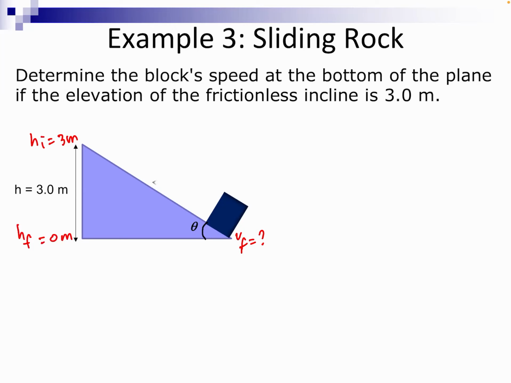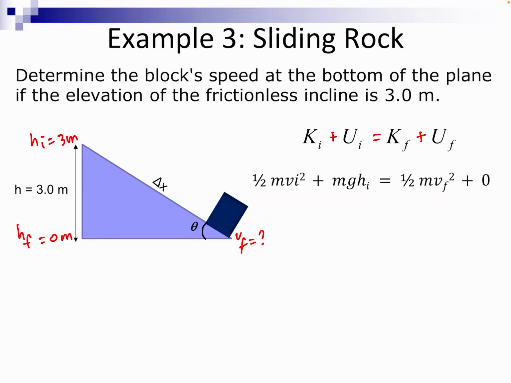If we use conservation of energy, the total initial energy consisting of kinetic and potential energy should be the same as the final energy consisting of kinetic and potential energies. Expanding the kinetic and potential energy definitions, we have this equation.